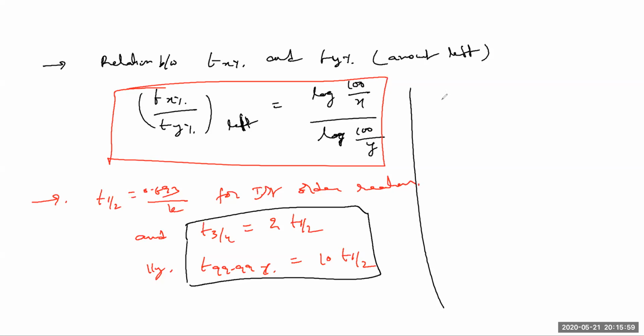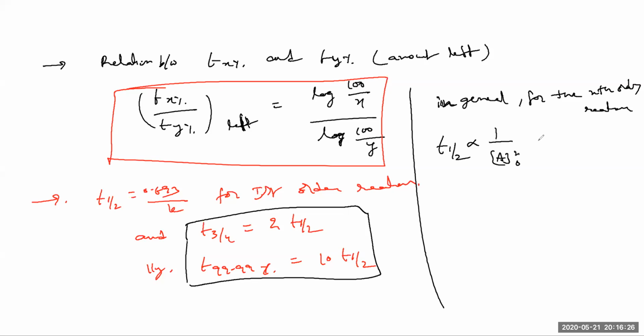In general, for the nth order reaction, T half is inversely proportional to 1 by A naught power n minus 1, or directly proportional to A power 1 minus n.